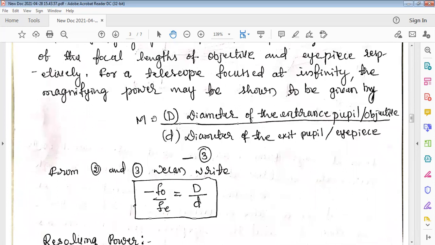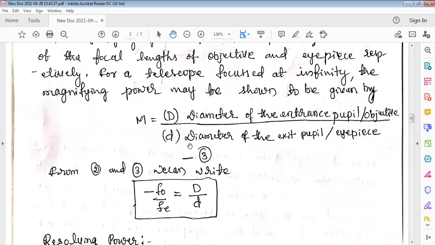The magnification capital M is equal to the diameter of the entrance pupil, which is the objective here, denoted by capital D, divided by the diameter of the exit pupil. The exit pupil is here at the eyepiece, denoted by small d.